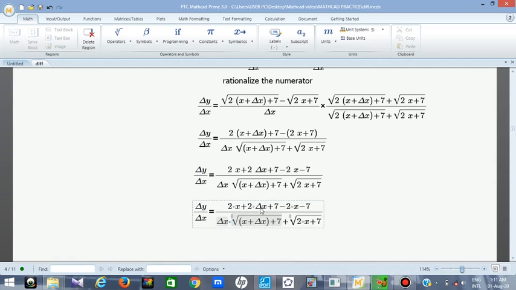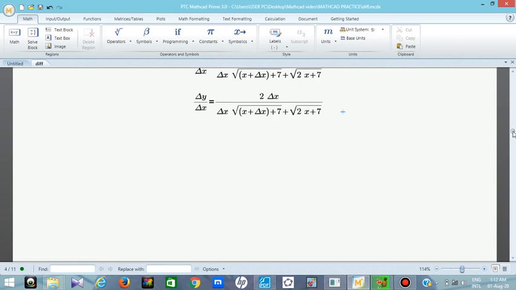Before we do that, let's see what can go. 2x minus 2x are like terms, so this will turn to 0. 7 minus 7 is also 0, leaving 2 delta x. Now that it's left with 2 delta x, delta x can cancel this delta x here. When they divide out, we are left with 2. We'll do that in the next step. Let me not rush.